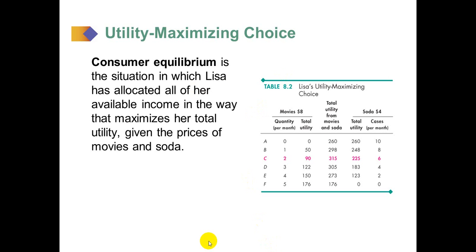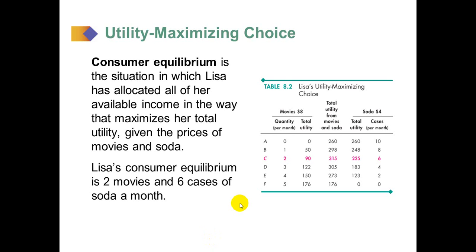So consumer equilibrium is a situation in which Lisa has allocated all of her available income in the way that maximizes her total utility, given the price of movies and soda. Lisa's consumer equilibrium is 2 movies and 6 cases of soda a month. So choice C is the best choice for her.